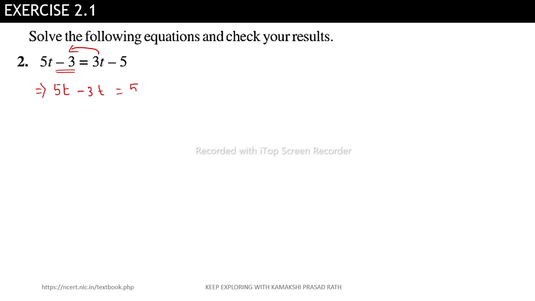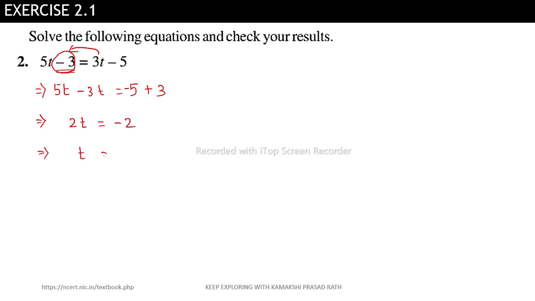When it goes to the right hand side it becomes plus. So 3 is subtracted on the left side; when it goes to the right side it becomes addition. So minus 5 plus 3 on the right hand side. Now we have 5t minus 3t, that is 2t, equals minus 5 plus 3. So minus 5 and plus 3 we get minus 2.